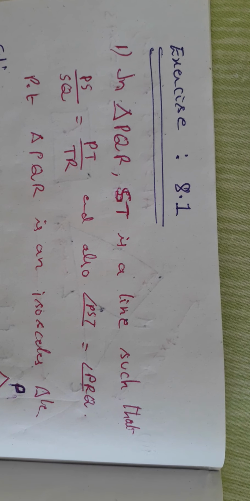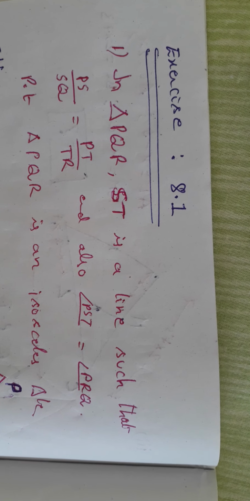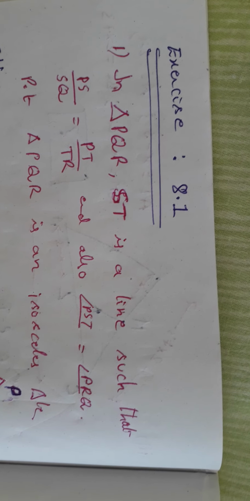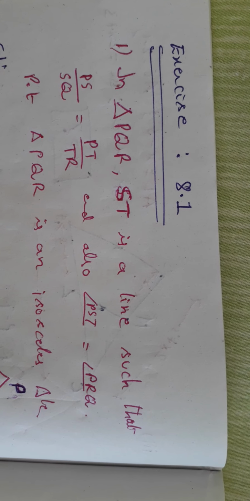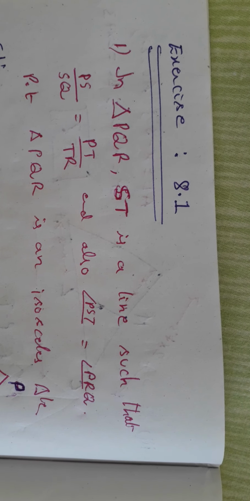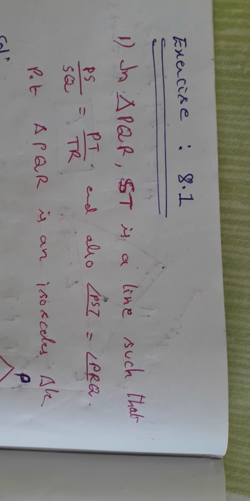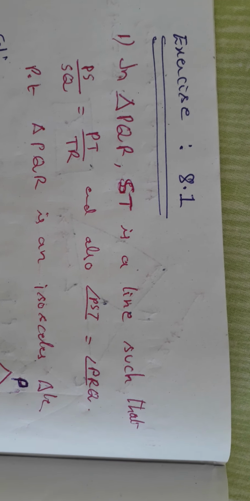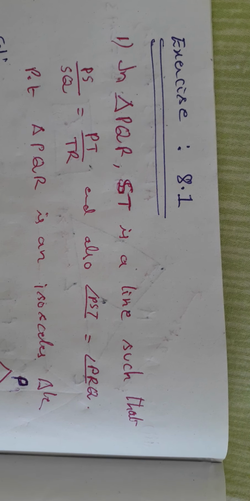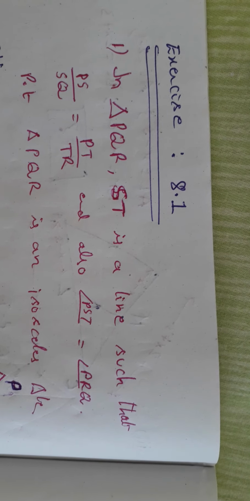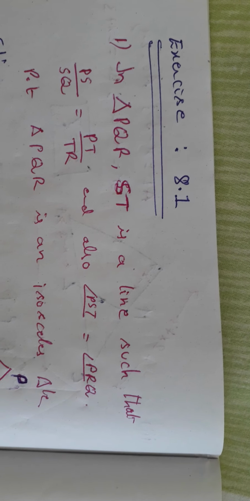So, there is triangle PQR. There is a line ST which is touching PQ and PR. And it is giving PS by SQ is equal to PT by TR. From the first point itself, it is very much clear that ST is parallel to QR from basic proportionality theorem. Is it not? Or rather, you can say converse of basic proportionality theorem.